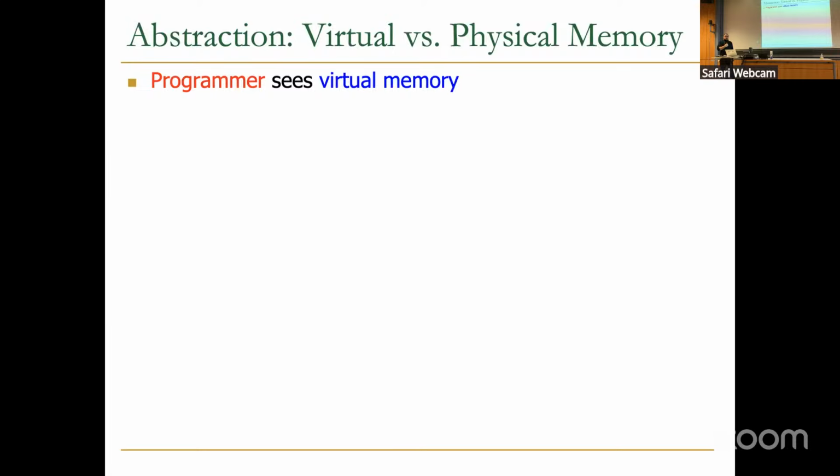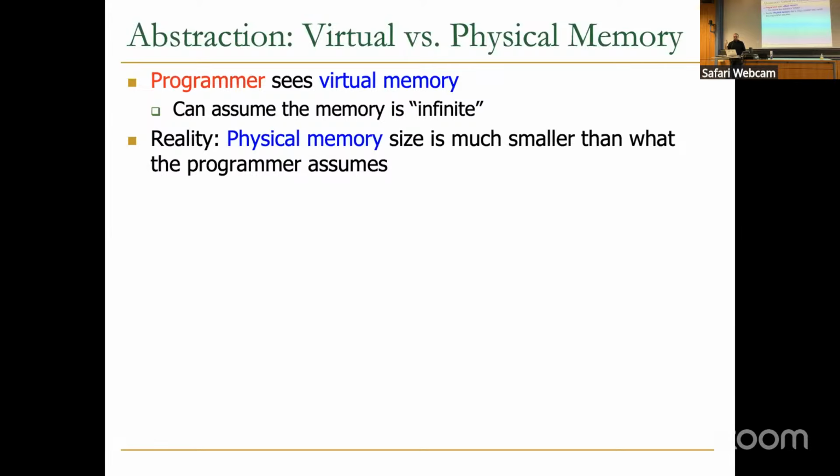What's the abstraction right now that we have in most modern systems? We have virtual versus physical memory. So the programmer, when you write C programs, when you write Python programs, you do not see physical memory. You see virtual memory. This lets you make the assumption that memory is infinite. You don't need to care about the physical backing storage that data is stored in, right? You only care about expressing your virtual addresses.